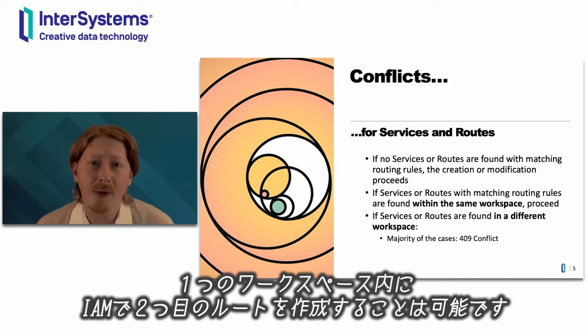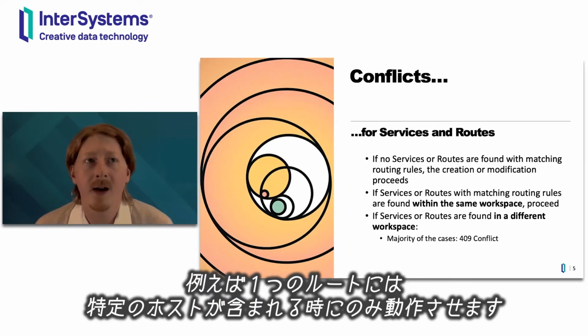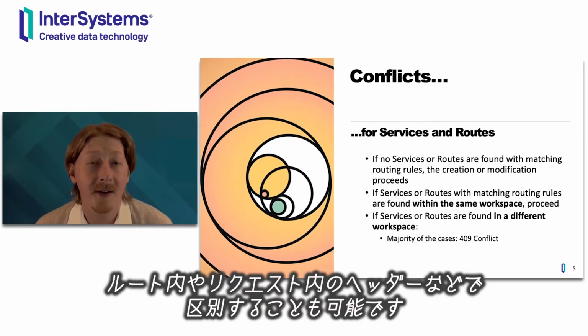Now, within one workspace, IAM actually would allow me to create this second route, and then I could start to differentiate one route over the other and say, hey, this route only hits if there's a certain kind of host in there, if there's a certain kind of header inside the request.